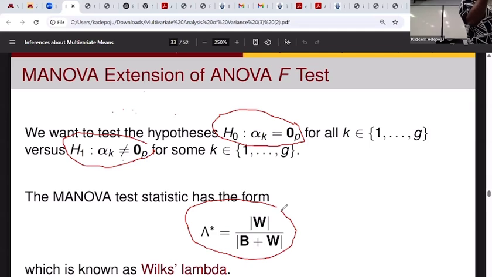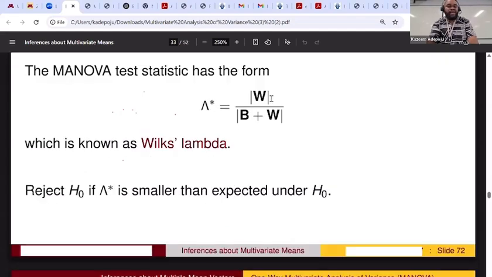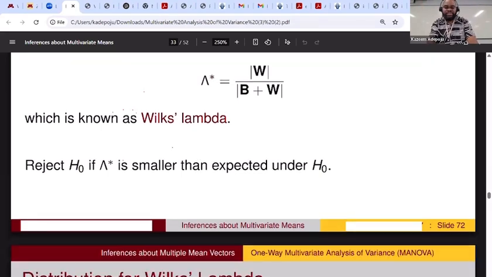You remember the other time we did two variances. So the determinant of the within and the determinant of the total, that ratio is called Wilks' lambda. Wilks' lambda is a test statistic that we use in the analysis of variance. Now, when you get Wilks' lambda, we reject H naught if Wilks' lambda is very small compared to what is expected under the null hypothesis.